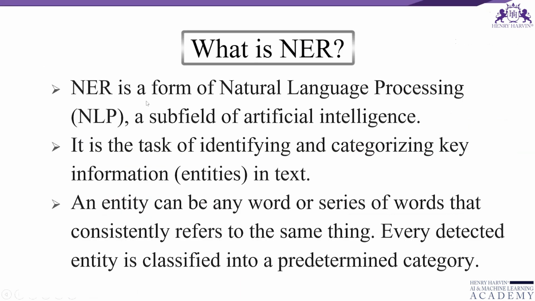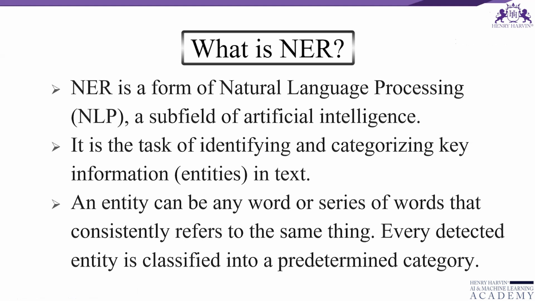So NER is a form of natural language processing. That is, it is a form of NLP, which is a subfield of AI, artificial intelligence. So what do we do in this NER? We identify and categorize key information in text. This key information is basically called an entity, right?